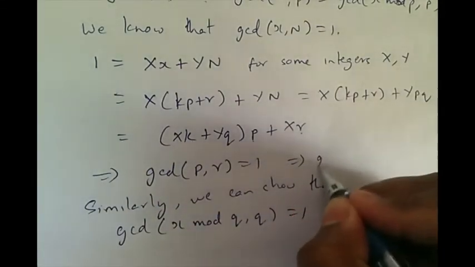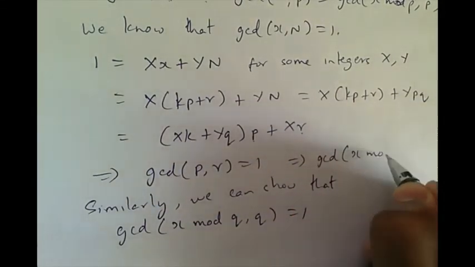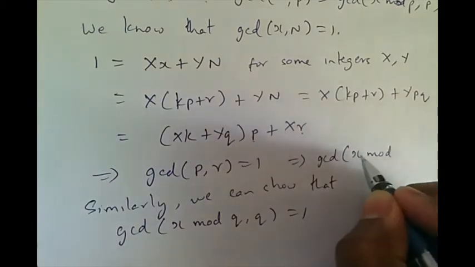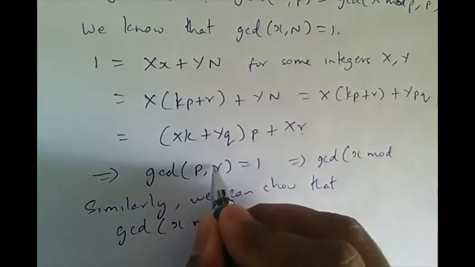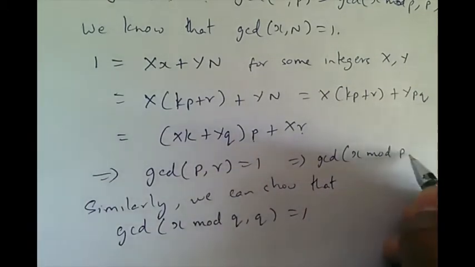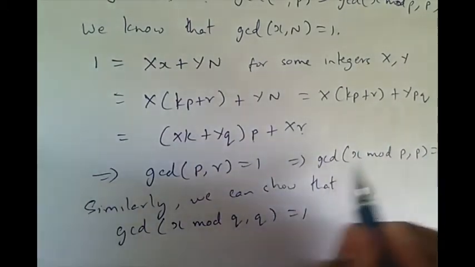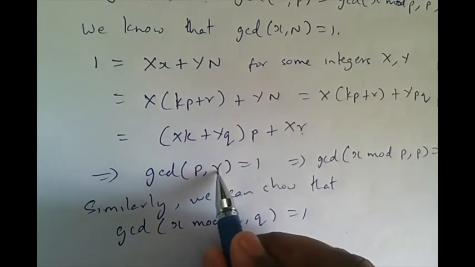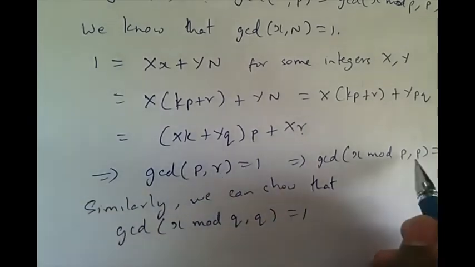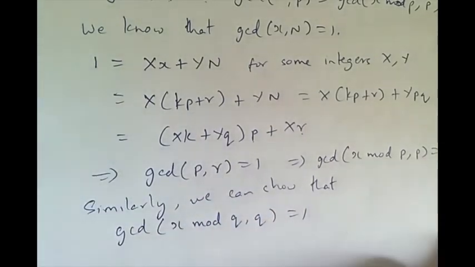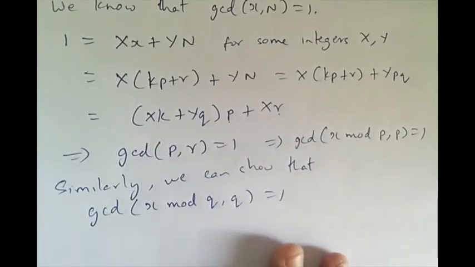So this implies the GCD of x mod p should say, okay, this r was on this side, so I apologize for that. So this is x mod p, so the GCD of p and x mod p is 1. I should have written that, but this is also fine. So similarly we can show this.